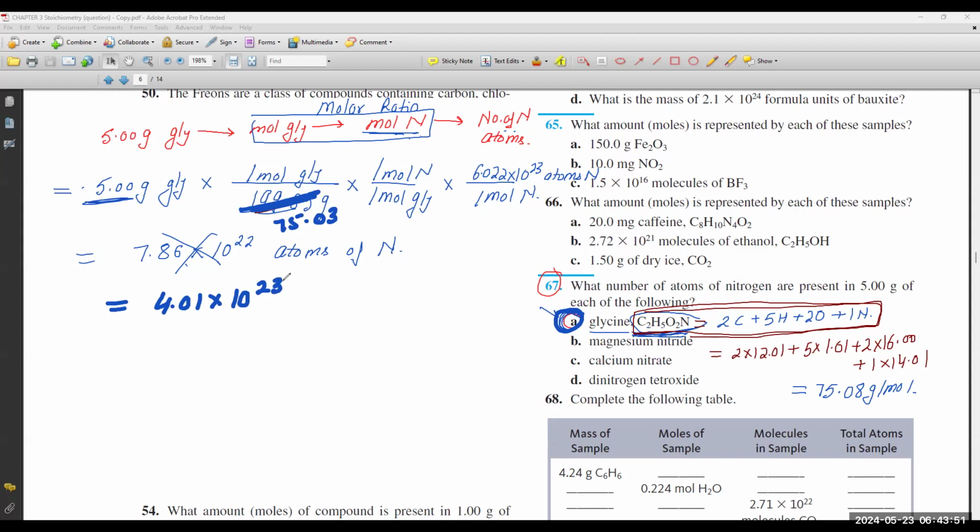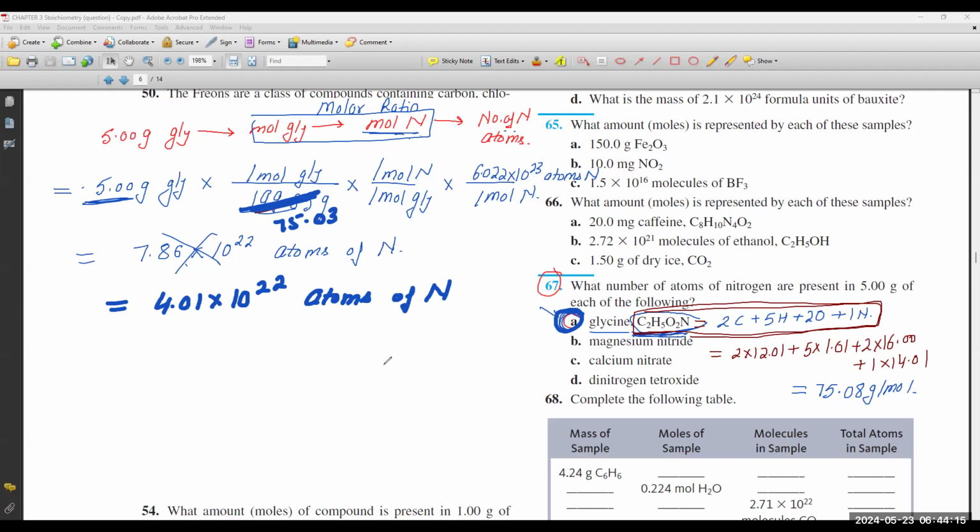Children, I'm not doing the calculation, so please give me the correct answers. Atoms of nitrogen. Mayank, are you getting this answer? Good. Akash, no problem. Let's do the next one.